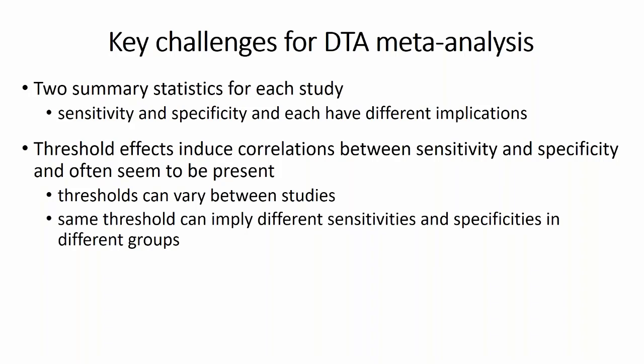It's a binary test result, and so you don't have numeric or explicit thresholds. There can still be a threshold effect because of certain characteristics that lead to these differences in sensitivity and specificity that present as a threshold effect.